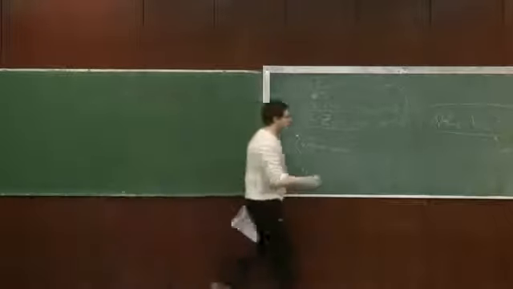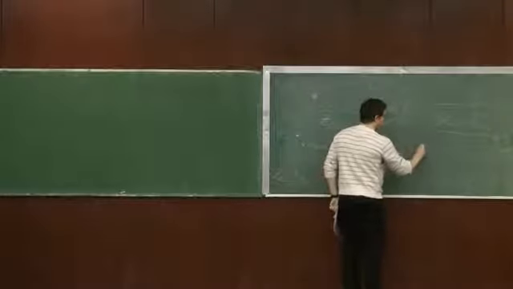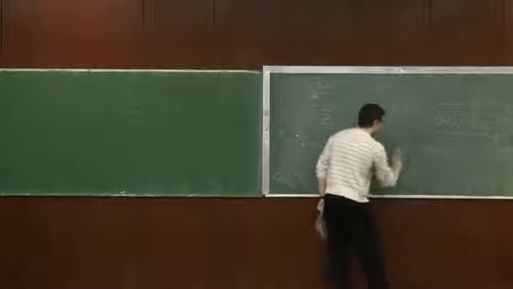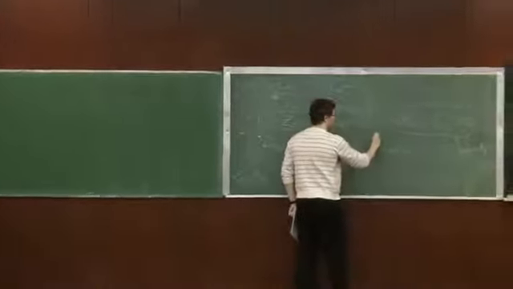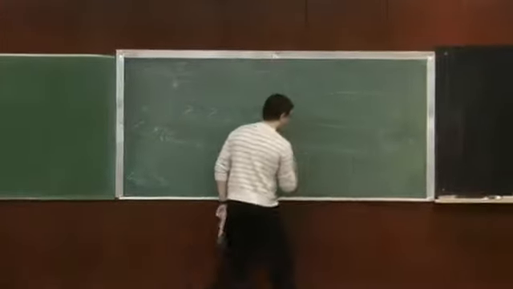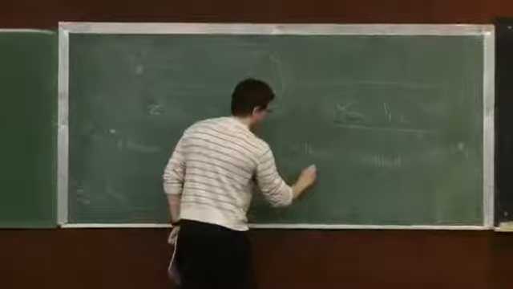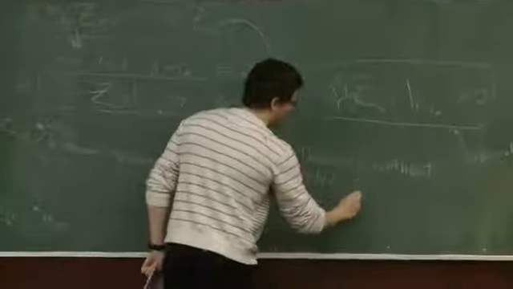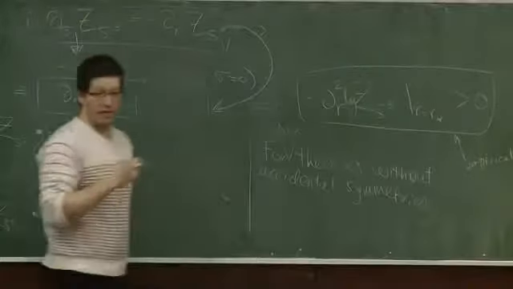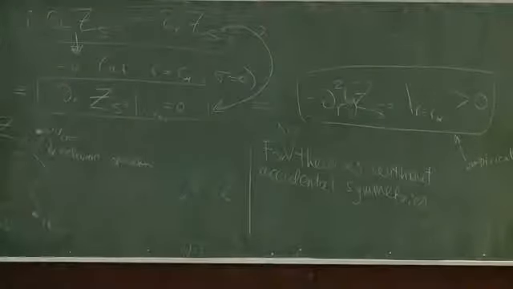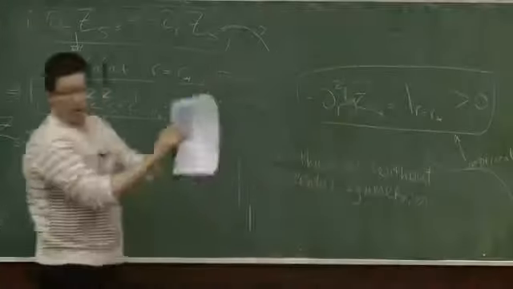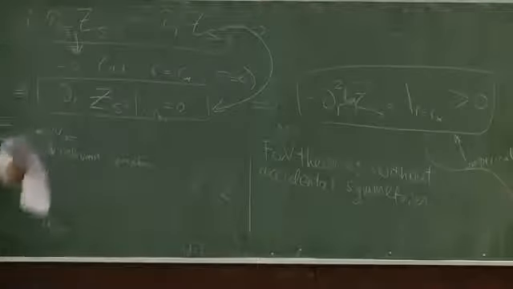So just to summarize, for theories without accidental symmetries, that's basically the only assumption I'm making. So for N=2 theories without accidental symmetries, of course, having no accidental symmetries is a strong assumption. We know it's violated in many cases, but it still holds in a pretty large and non-trivial set of examples, especially flows that are not very long, flows that terminate quite quickly.